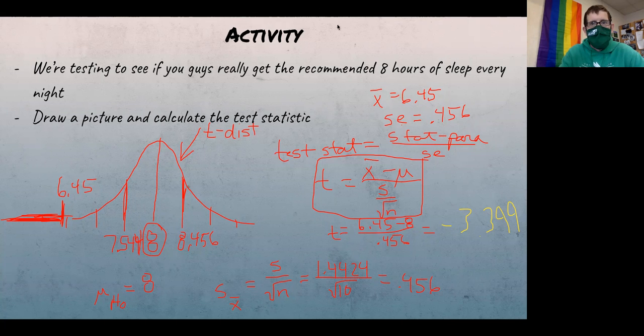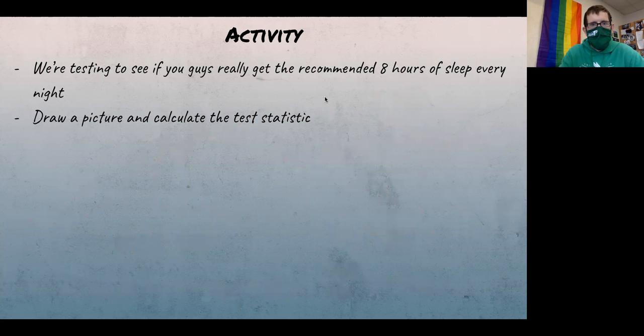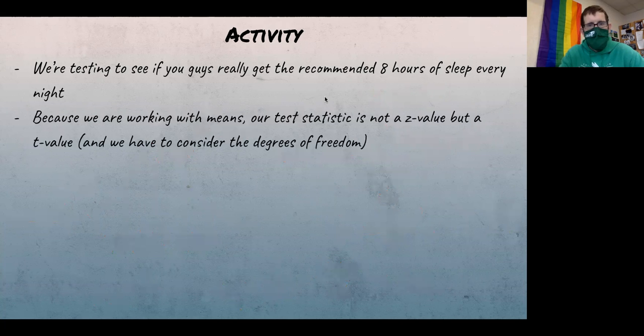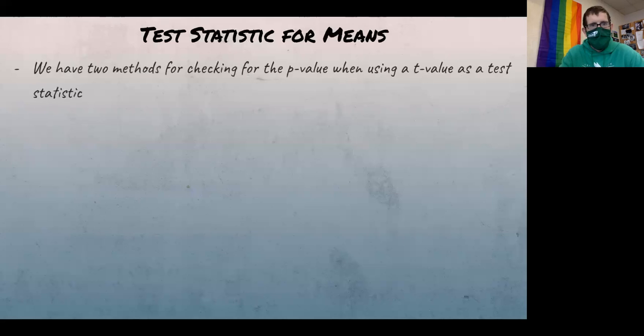Okay, so let me clear all this. We have our test statistic. Because we're working with means, our test statistic is not a z-value, but a t-value, and we have to consider the degrees of freedom. We have two methods for checking the p-value when we're using a t-value as a test statistic.